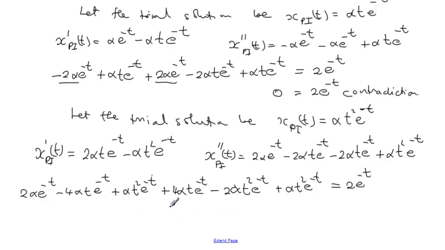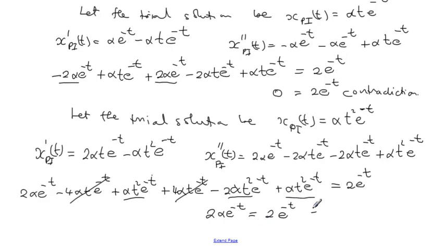And now, simplifying the quadratic terms, you see that this and that, they give us 2 alpha t squared e to the power minus t minus that, we get a 0. And then minus 4 alpha t plus 4 alpha t times the exponential, they also give us 0. And then we're left with 2 alpha e to the power minus t equals to 2 e to the power minus t.